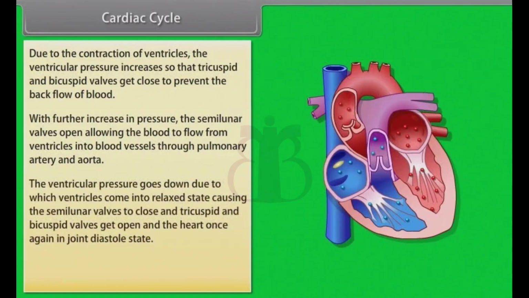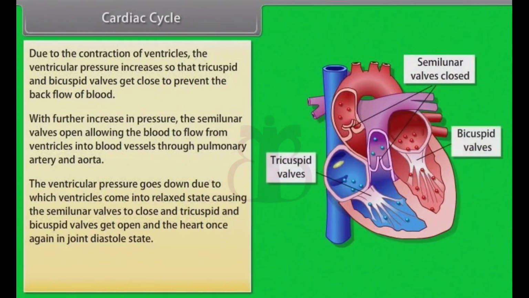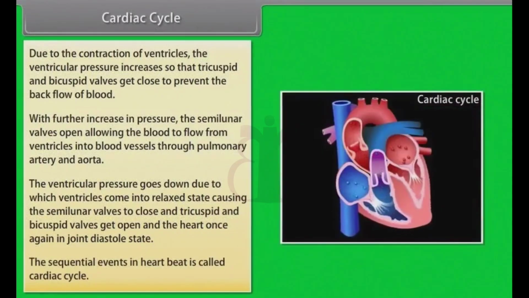The ventricular pressure goes down, due to which ventricles come into a relaxed state, causing the semilunar valves to close and the tricuspid and bicuspid valves to open, and the heart is once again in joint diastole state. The sequential events in a heartbeat are called the cardiac cycle.